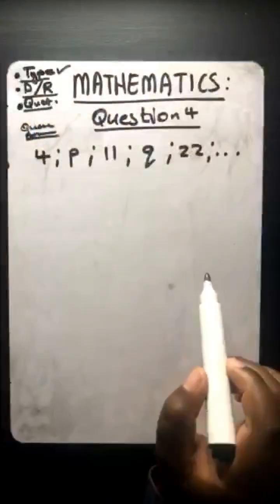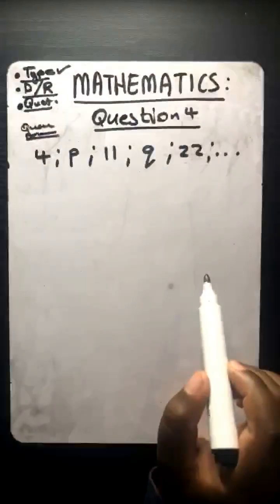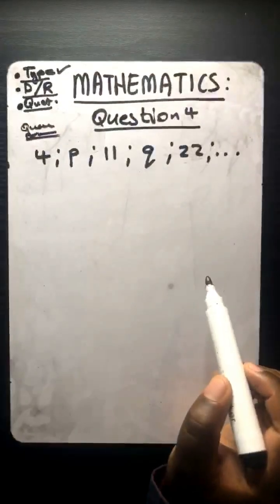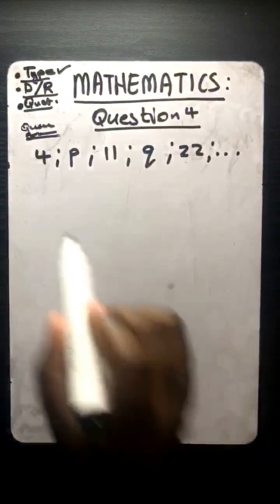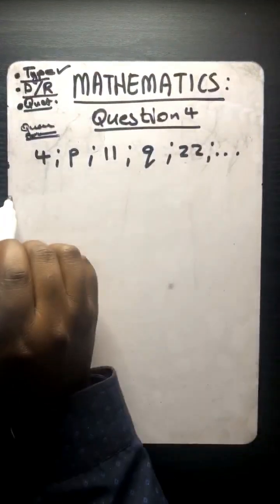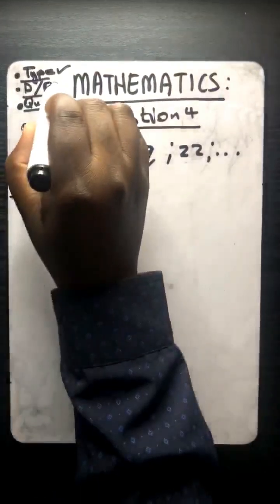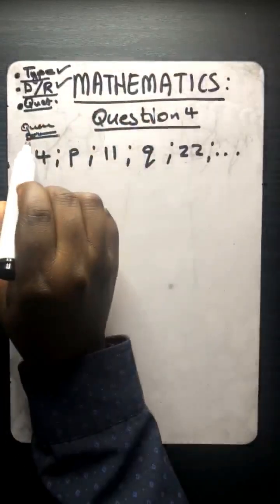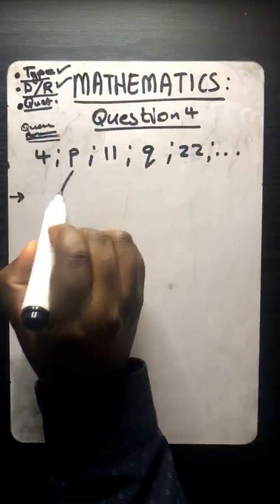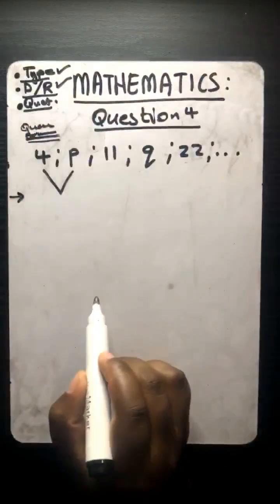So now that I know the type, there is additional information there which says it has a constant second difference of 1, meaning what I'm about to do is actually the difference. Why the difference and not the ratio? Because this is a quadratic. The difference that I'm talking about is this minus that.